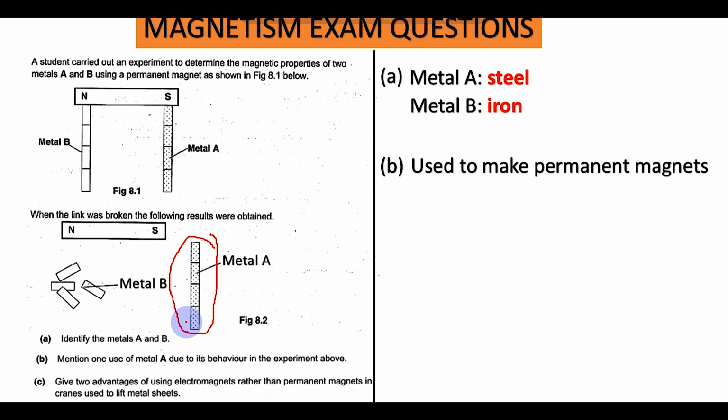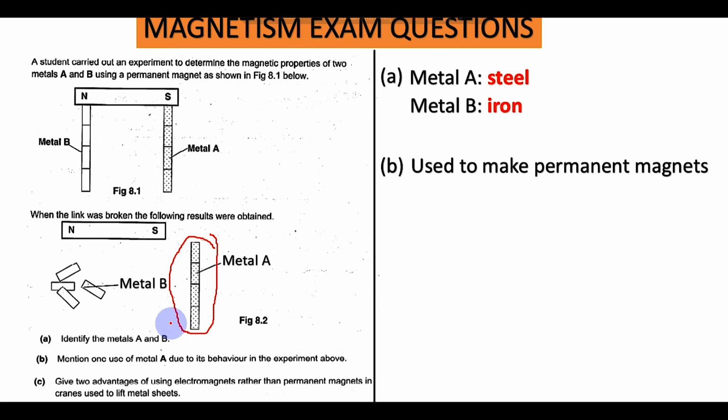If you use a permanent magnet, it will attract those metal sheets at that point. But when releasing them, because they are permanent magnets, they cannot be released. The magnetism in that permanent magnet cannot be removed at that particular time.